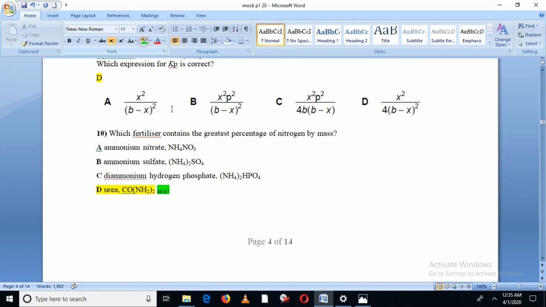This was the right answer, while in A, B, and C, the percentage would be coming out to be smaller as compared to the answer in D. Here the amount of nitrogen in this compound urea is 28 grams, while the molar mass of urea is 60. So by dividing 28 by 60 and multiplying it by 100, we get 46.67%. That is the highest percentage of nitrogen in any of these four compounds, and urea is the right answer.